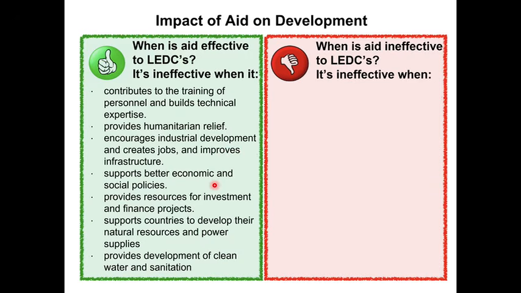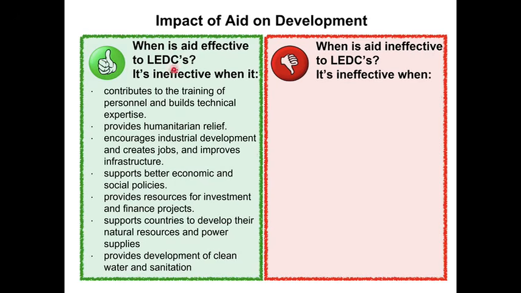It supports better economic and social policies. It provides resources for investment and finance projects. It supports countries to develop their natural resources and power supply. It provides development of clean water and sanitation. This will be the effect of the green part of the impact.